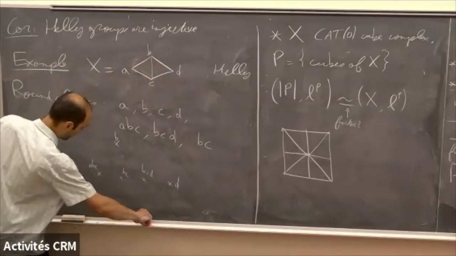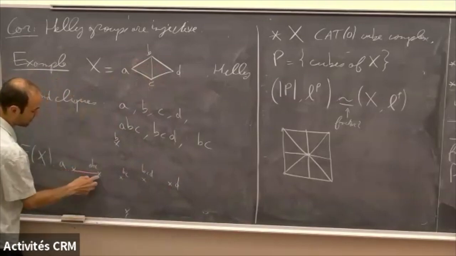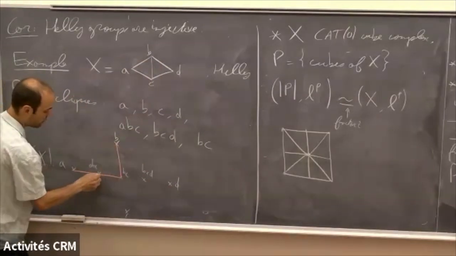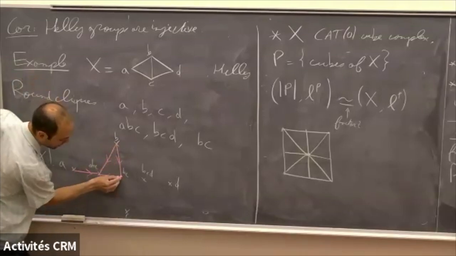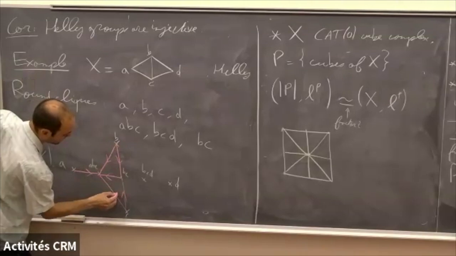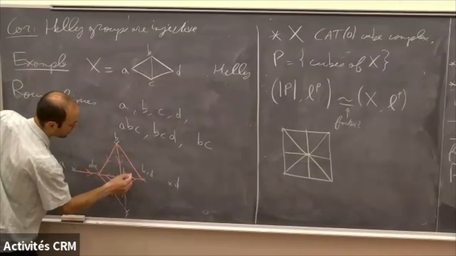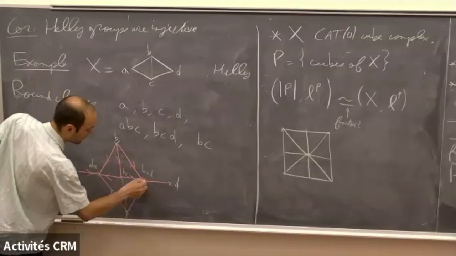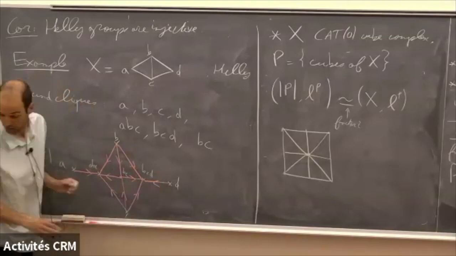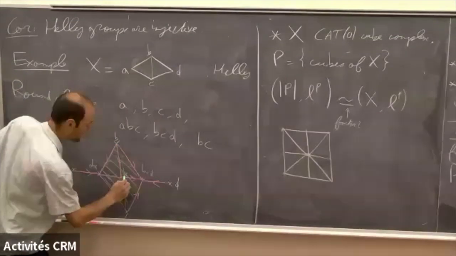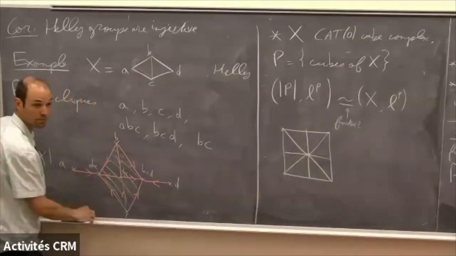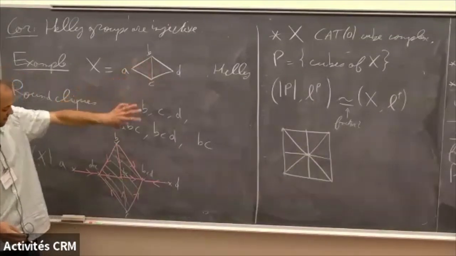And what are the edge relations? A is contained in ABC. Here we have a two-dimensional chain. Here we have a two-dimensional chain. Here we have a two-dimensional chain. Here as well, with here a one-dimensional chain. And you get this, here with the right angle, as a subset of L infinity. This is the best way to fill in this graph.